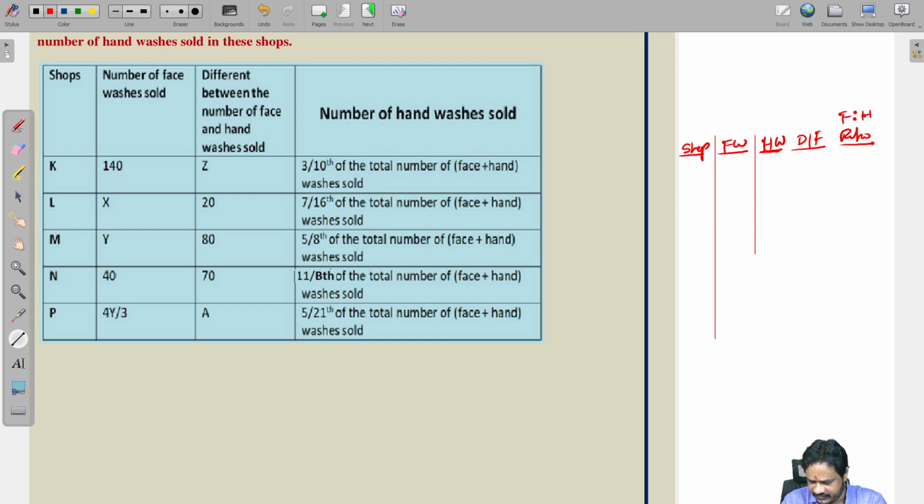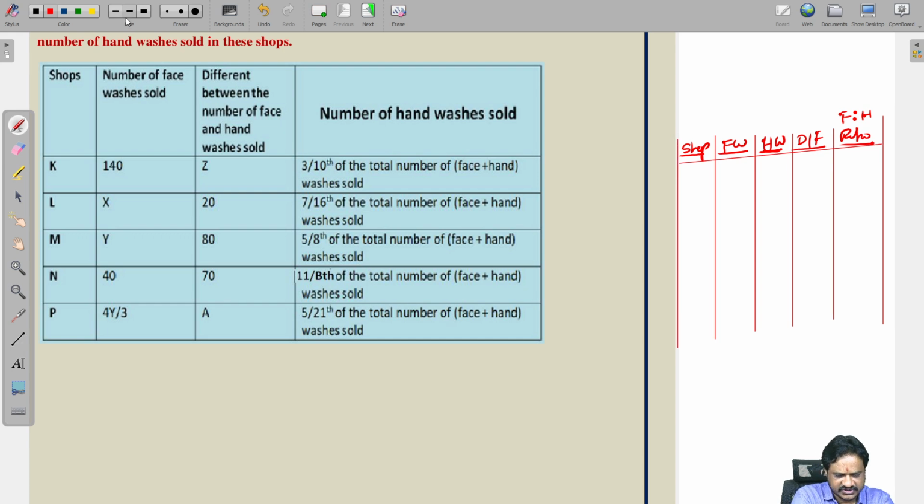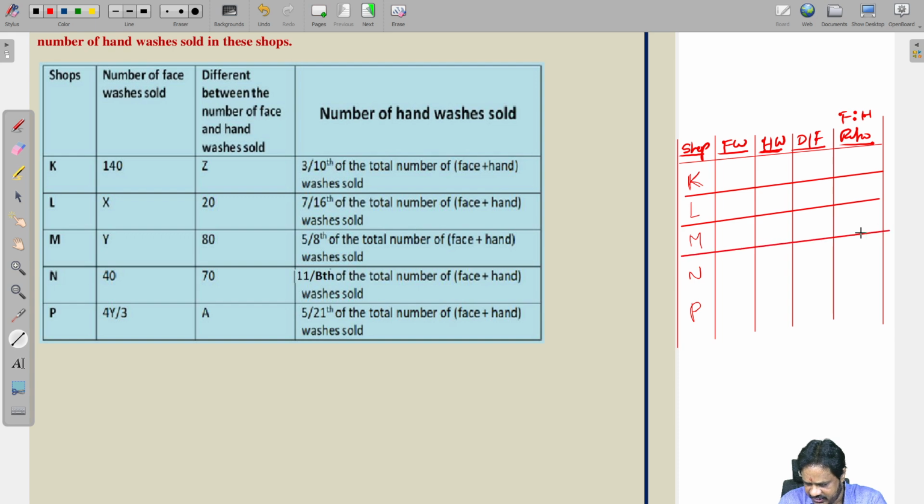One column is the shop, then the face wash, the hand wash, the difference, and the ratio between the face wash and hand wash. We are having shops K, L, M, N and P.